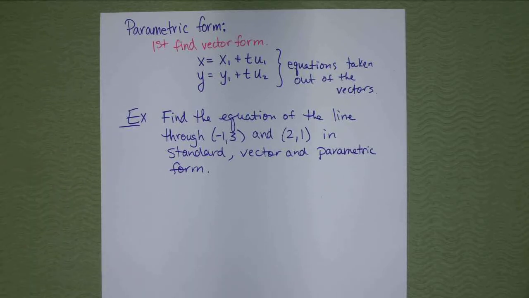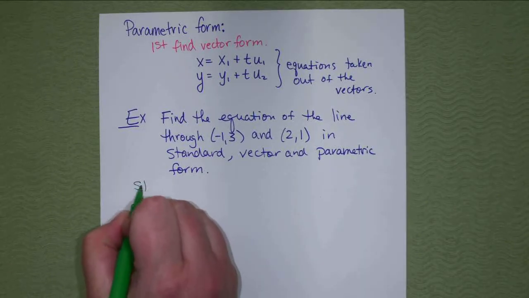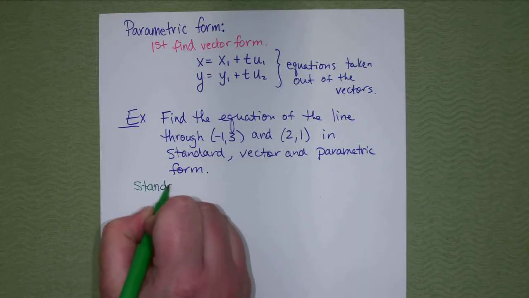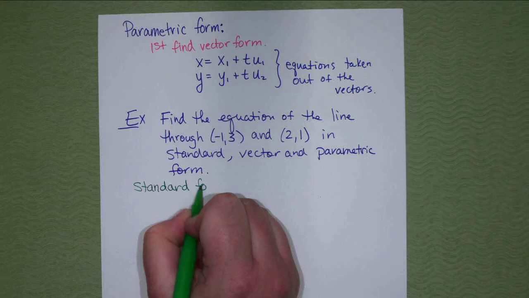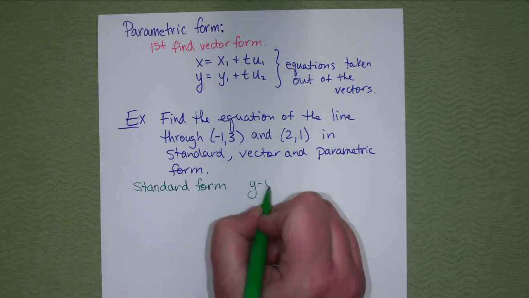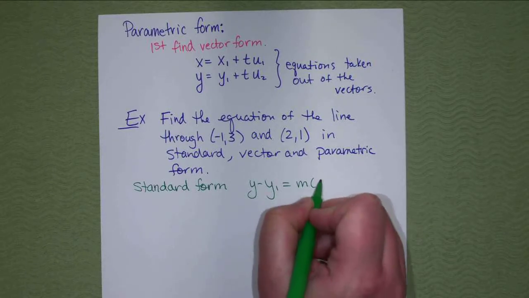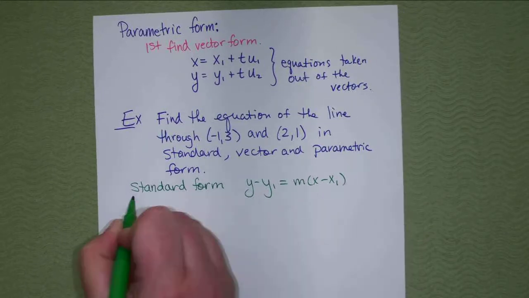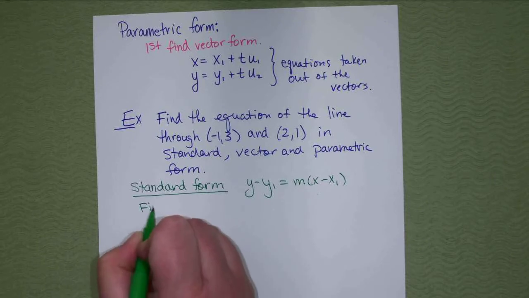Standard form in lines is nothing new. Just regular finding the equation of lines. So we'll do that. You find the slope and use the point. So standard form, we already know how to do this. I use y minus y1 is equal to m times x minus x1. Find the slope.